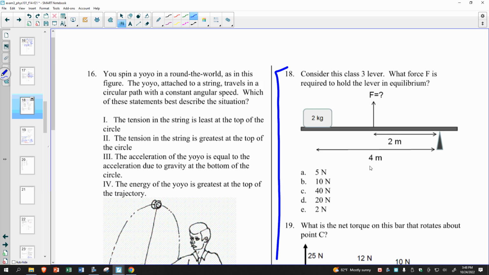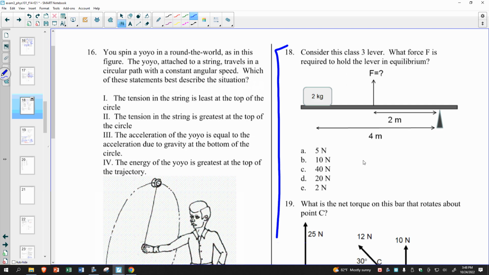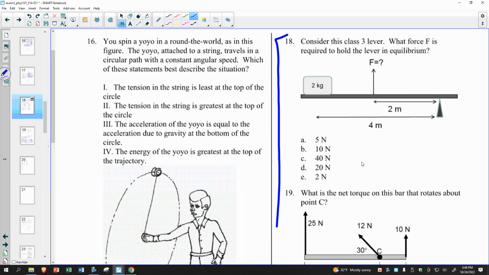All right. Number 16? Yeah, you can see something like 16. Let's go through this. This is like the string in a vertical circle. The tension is least at the top of the circle. True, right? Like the elevator that's going down, the tension is least at the top of the circle. And the tension is greatest at the top of the circle.